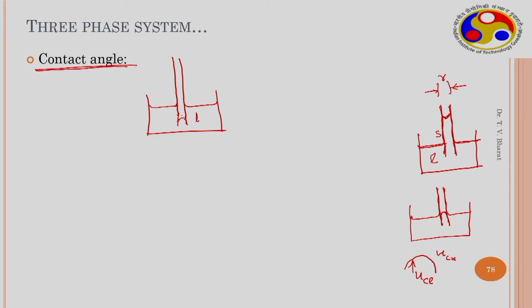This could be better quantified using contact angle. If I magnify this capillary tube, this is the meniscus and the interaction that takes place with the solid, and this is the contact angle.